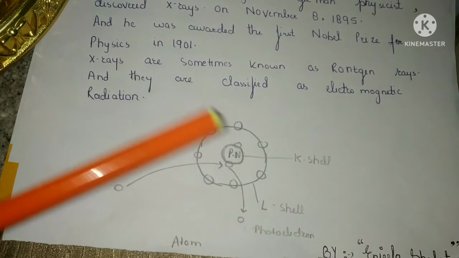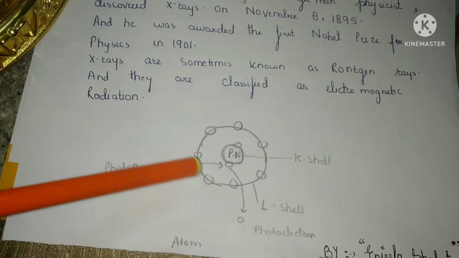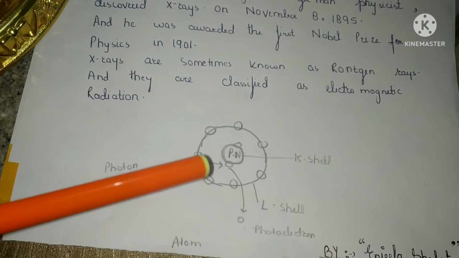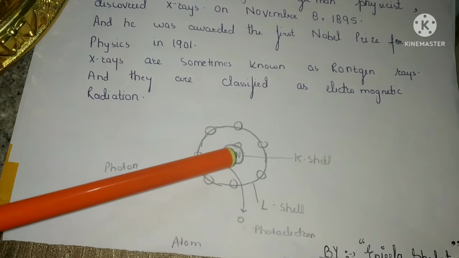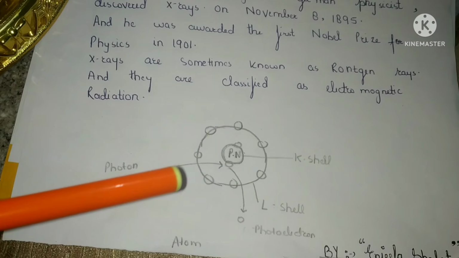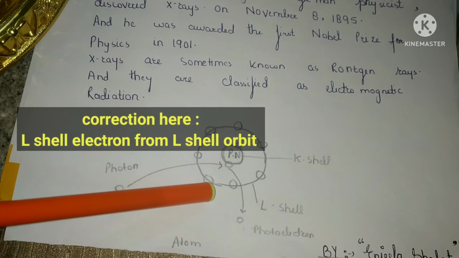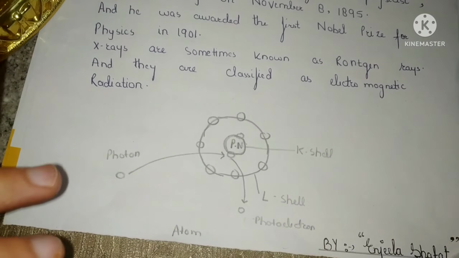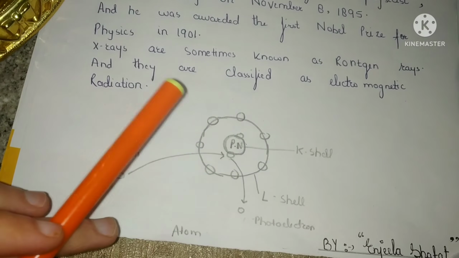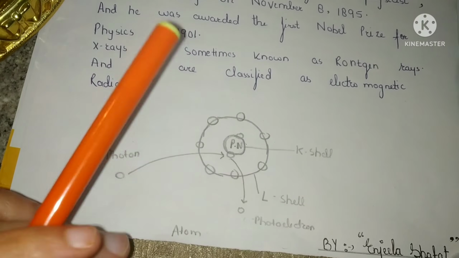Now back again, the K shell orbit remains vacant because its electron has been removed. So it's necessary that this orbit should be filled with an electron. What happens? An electron from the L orbit moves towards the vacant space of the K shell, and it gets adjusted there.